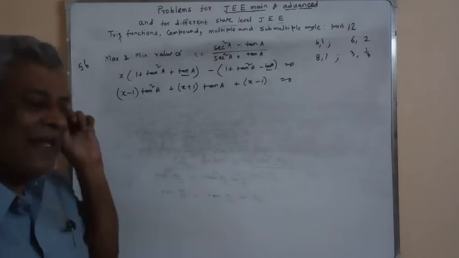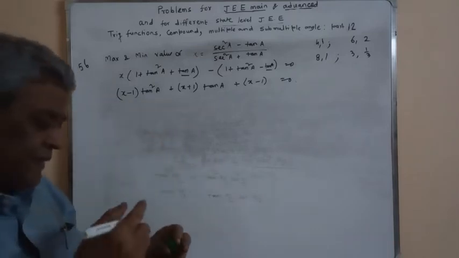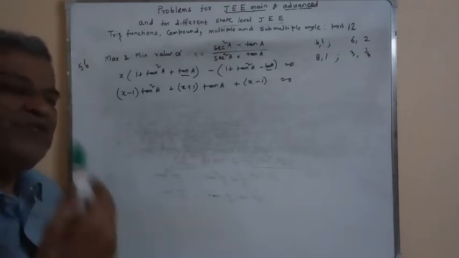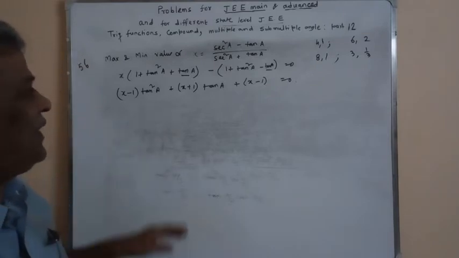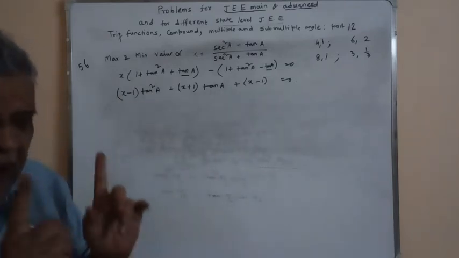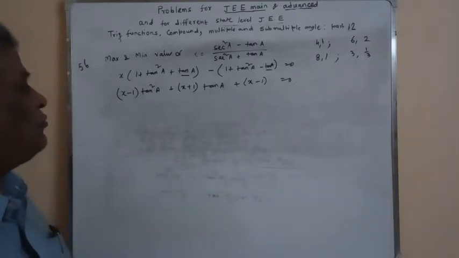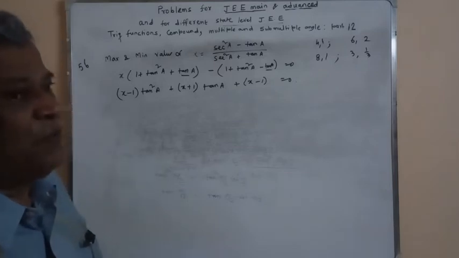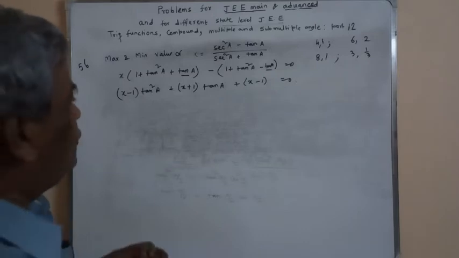So clearly this is a quadratic in tan A, and we know that the value of tan A is always real. So this is a quadratic equation whose roots are real, therefore the discriminant of the equation must be positive or equal to 0.